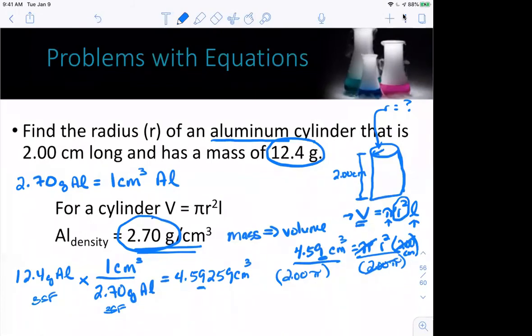So what I'm going to have is 4.59 divided by parentheses pi times 2.00, and that's going to give me 0.7305 blah blah blah. I'm significant to the 3 again. Centimeters cubed is equal to r squared.